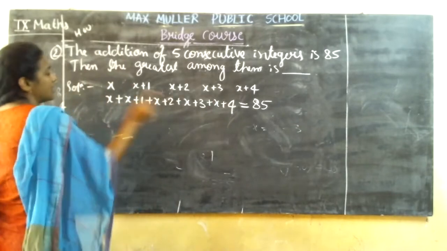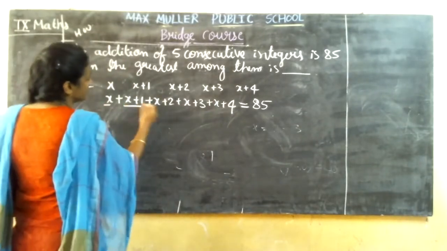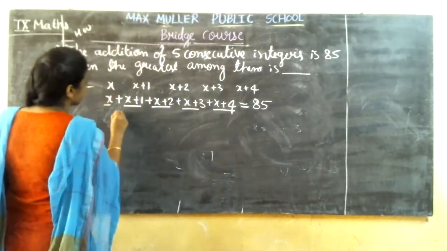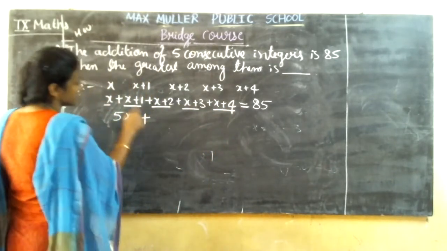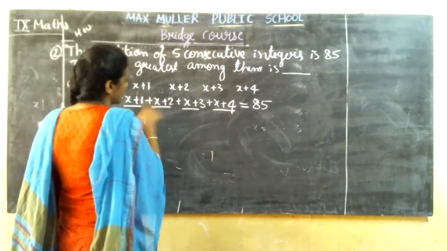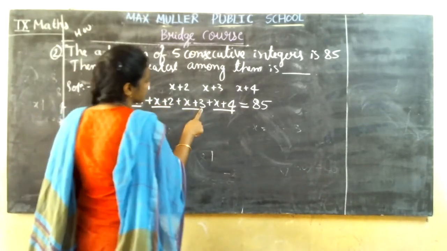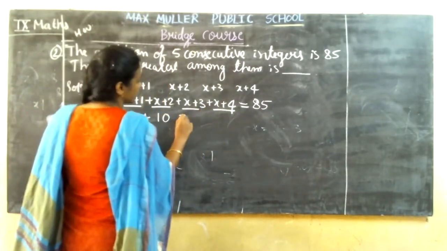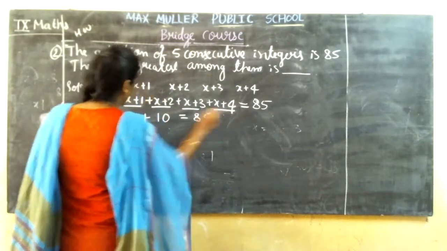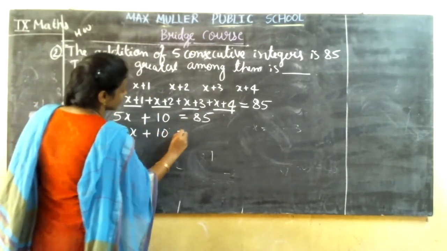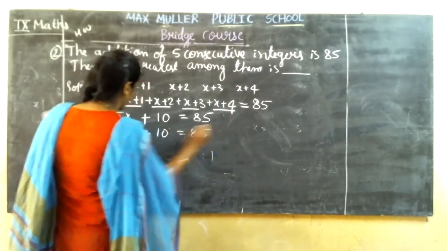Very simple problem. So 5x plus, what are the integers here? 1 plus 2 is 3, 3 plus 3 is 6, 6 plus 4 is 10. This is equal to 85. So 5x plus 10 is equal to 85.